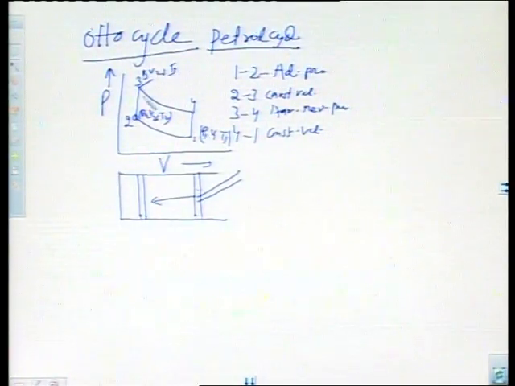Again the expansion process takes place, that is the 3 to 4 process, the isentropic expansion of the cycle, and the work is done on the piston. The piston moves in to and fro motion. So, this is how the cycle takes place during the Otto cycle. These are the different positions of the Otto cycle.